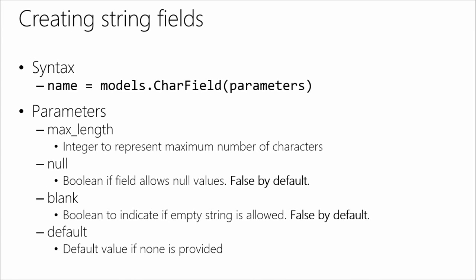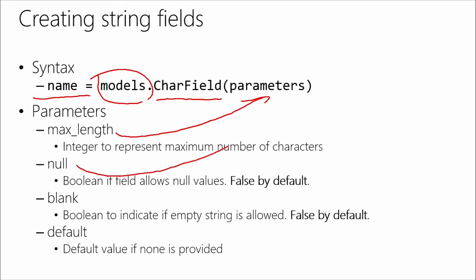So let's take a look at a couple of specific examples. Here we have a column called name. So this is going to be the name of the column that would be created in the database. And remember I said this word models here. This doesn't change. It's always models dot, because we're saying it's going to be a character field because a name is going to hold strings. And then we have different parameters we can specify. So we might specify the maximum length, so it can be up to 50 characters long, 80 characters long, 100.